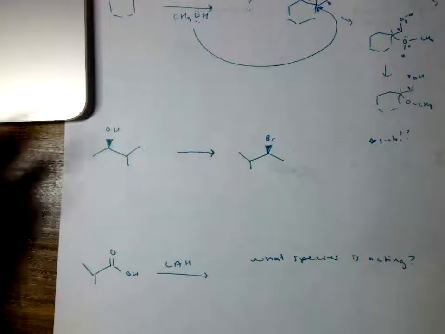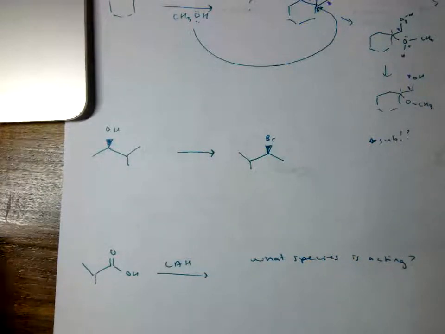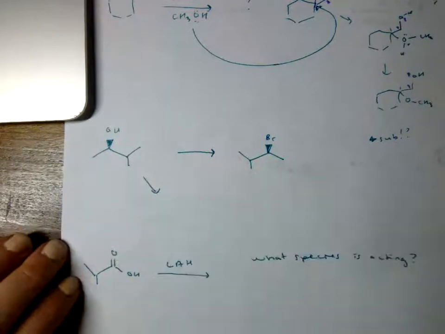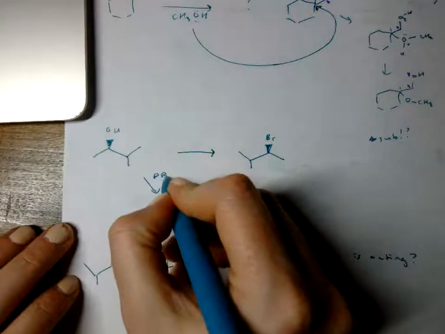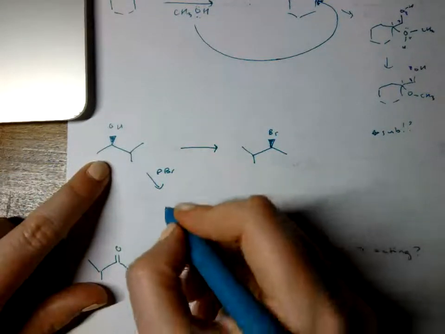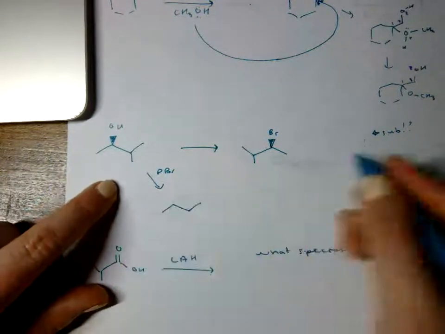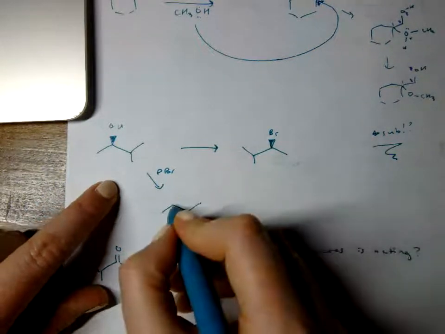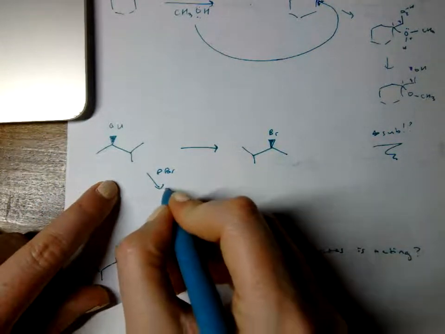So then I go into reactions of alcohols, and we learned one way to make alcohol a good leaving group using PBr3. Well, we learned many ways, but PBr3 is one of them, and it turns it into a bromine. But if you might remember, it goes by SN2 reaction, so it is a substitution reaction.